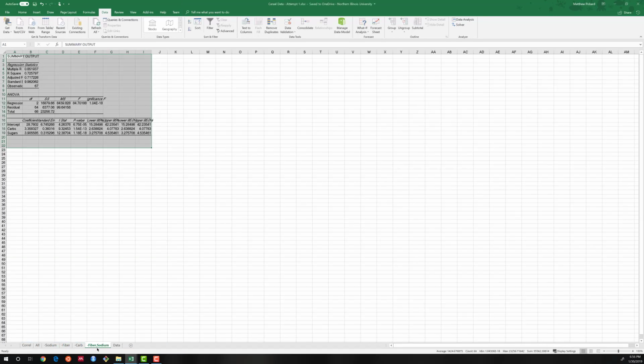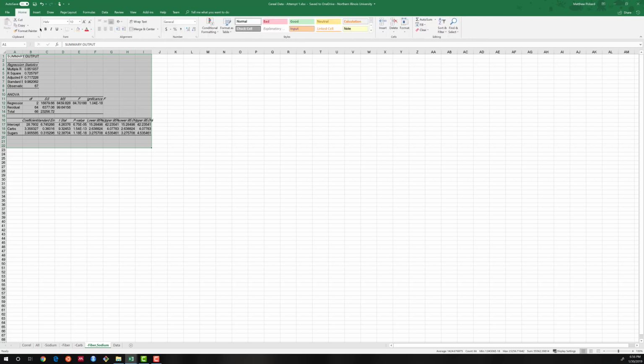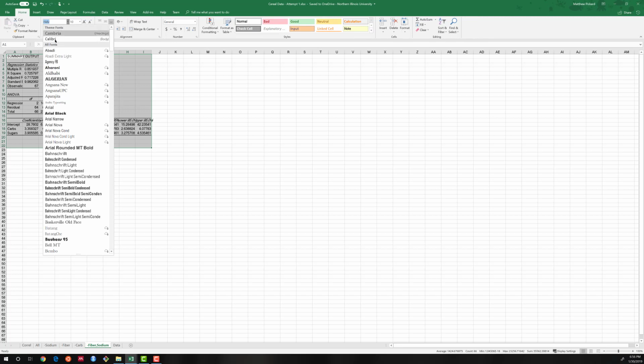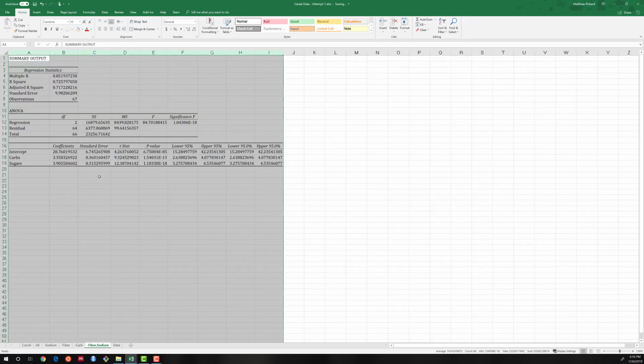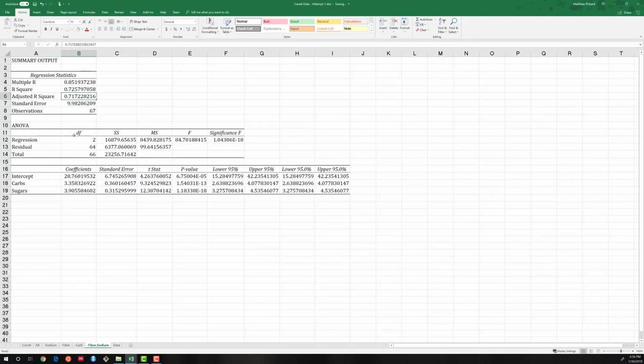So now the model that includes just one more variable than this is our minus fiber model. So we're going to compare the adjusted r-squared between those two. Let's pretty it up so we can read it. And take a look at our adjusted r-squared.